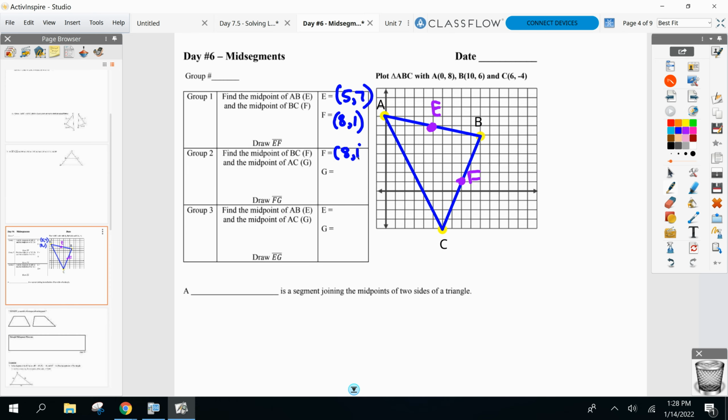How about G? (3, 2). Group three, can I get a confirmation there? 3, 2, all right? All right, good. I'm not connecting them yet. And then group three, thanks for your confirmations. E is (5, 7), and G is (3, 2).